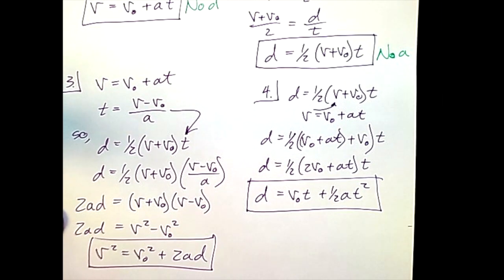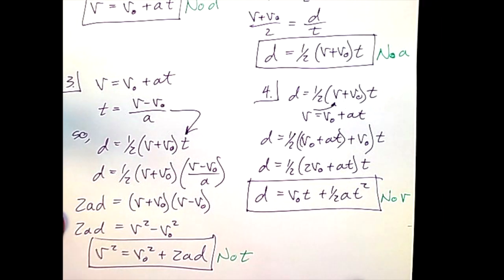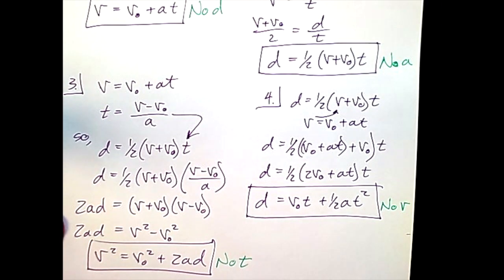This bottom equation, v, v naught, 2ad, does not have time. And this last equation does not have final velocity. And so each one is relevant to a problem based on information that may be missing, and how we transition from one to the other in order to fill in variables that may be missing is by solving a system of equations that contains both.